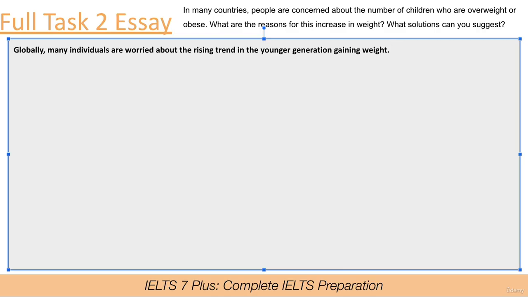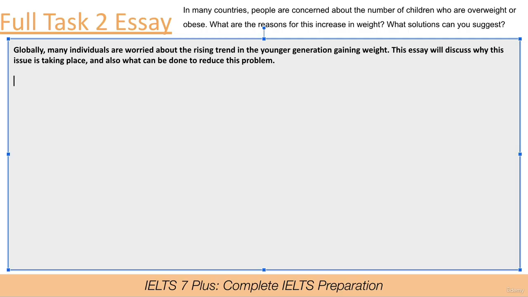Okay, so what are the reasons for this and what solutions can you suggest? So now we're just going to state what we're going to do in the essay. This essay will discuss why this issue is taking place, and also what can be done to reduce this problem.